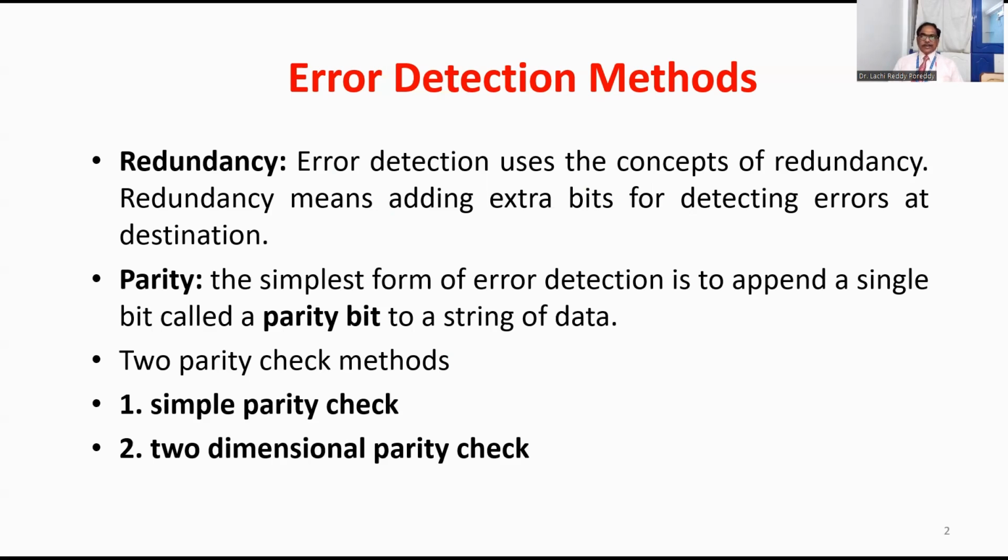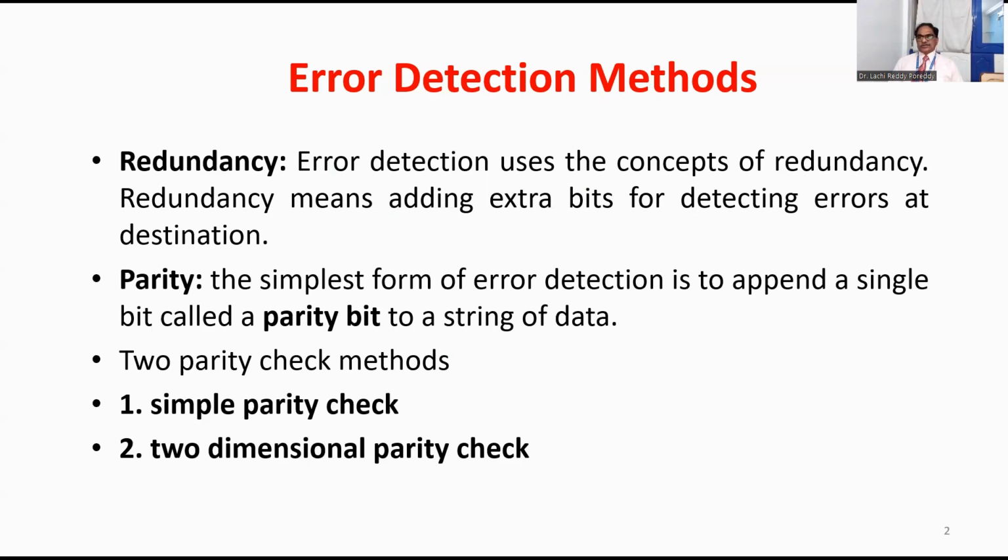When we are using the parity technique, we can use one of two parity methods, either odd parity or even parity. In odd parity, the number of ones in the message, including the redundant bit, is an odd number.